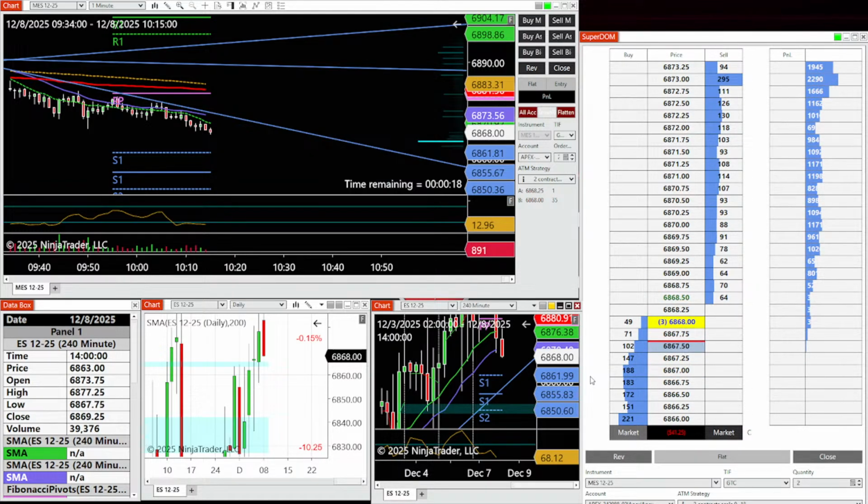Another 15-minute bar opens up in about 10 seconds. And here it is, just opened.